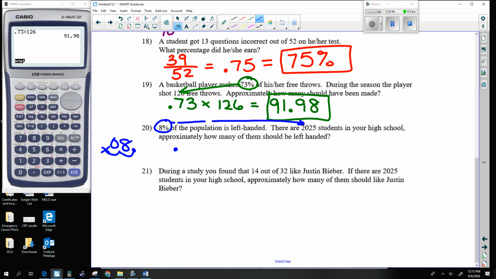And so 8% is 0.08. Don't accidentally say 0.8. 0.8 would imply 80%. This is 8%. So 8%, 0.08 of 2,025. 162.